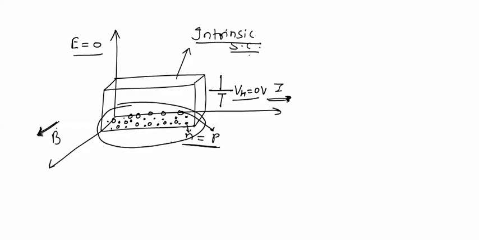So if we know that this material is a semiconductor and we make a current flow through it and apply a transverse magnetic field, and if electric field equals 0, then we can conclude that this material is an intrinsic semiconductor. So we can determine the type of material by observing the Hall voltage and electric field induced in the material. Next case, we will place an N-type semiconductor.